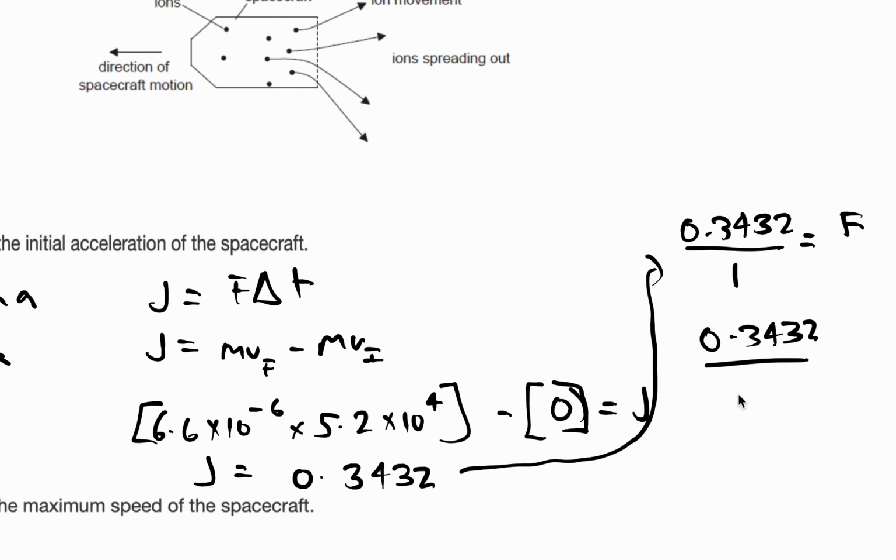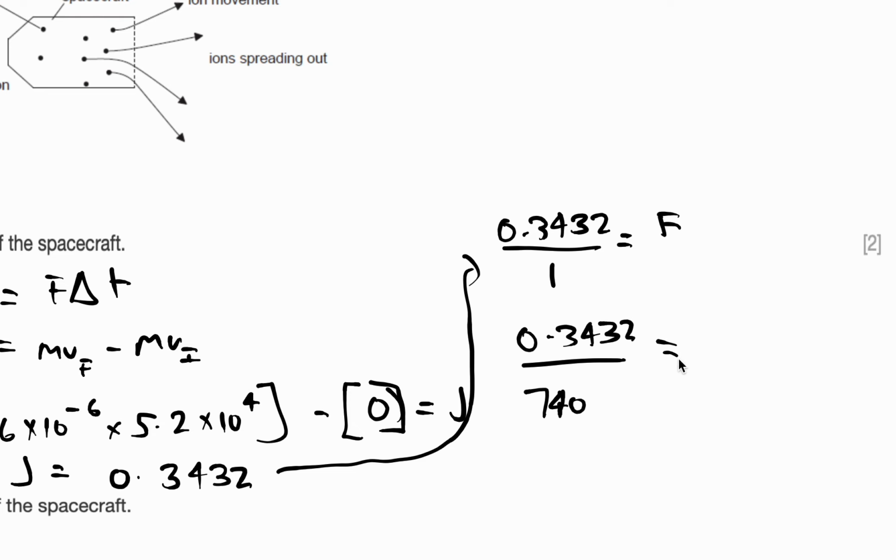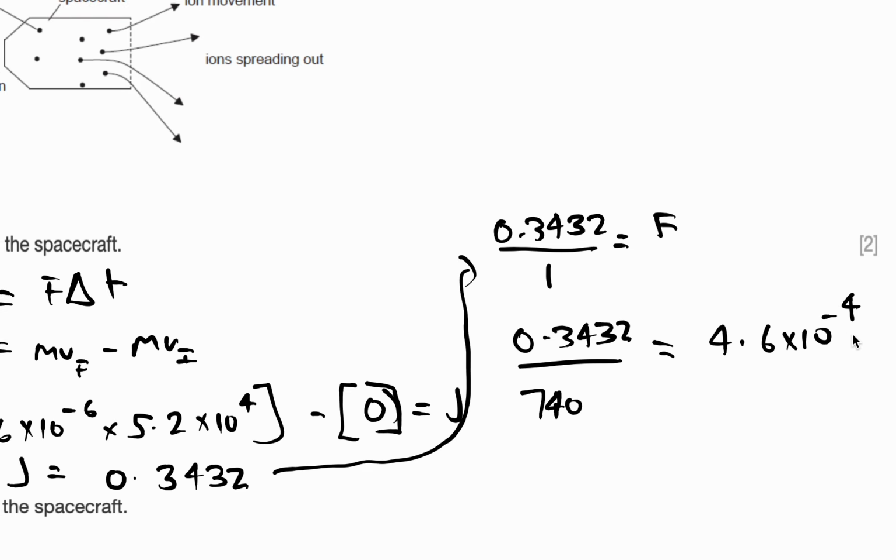We make sure all our units are correct, which they are. So if we solve this divided by 740, we get the acceleration of the spacecraft is 4.6 × 10^-4 meters per second squared.